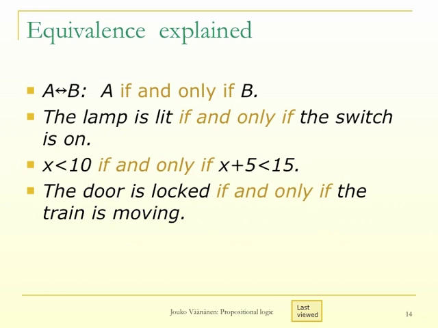The door is locked if and only if the train is moving. In each case, the intuitive meaning of A double arrow B is that either both A and B are true or else they are both false. Equivalence is a relatively unproblematic logical operation, nothing like disjunction and implication.